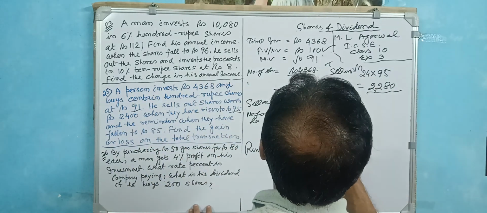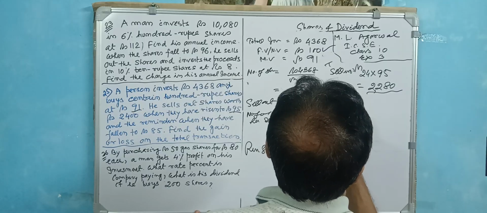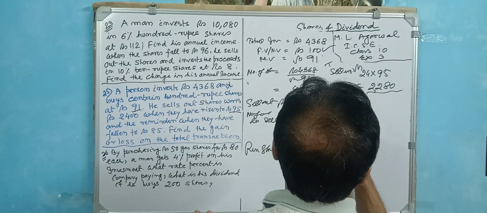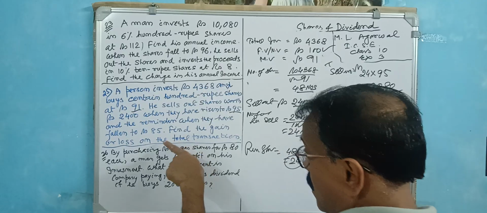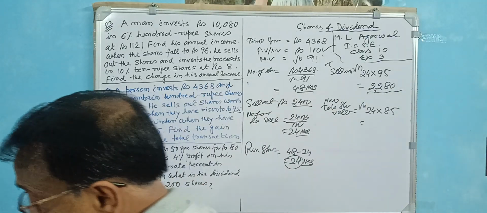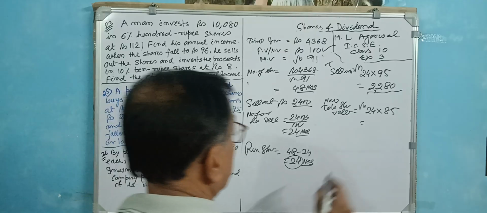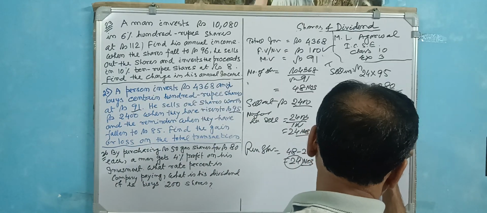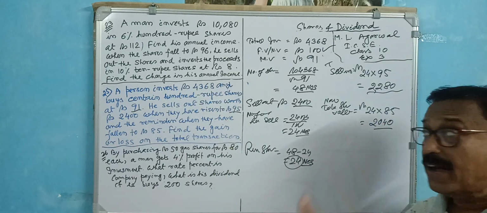Now the total sale value is 24 into 85, since it fell to 85. What is the collection? 24 into 85 is 2040. So now just to recap.